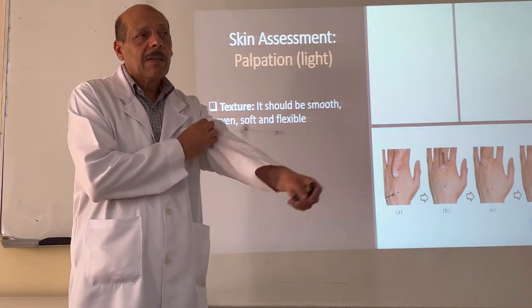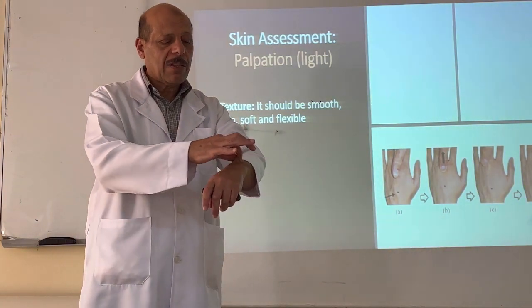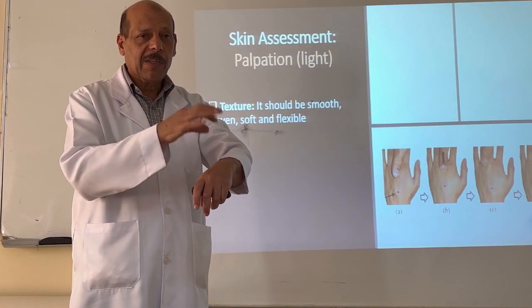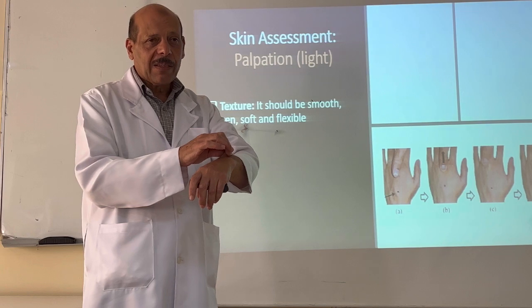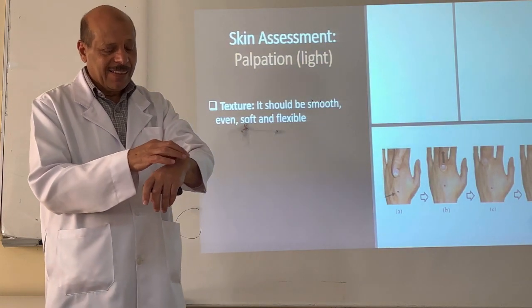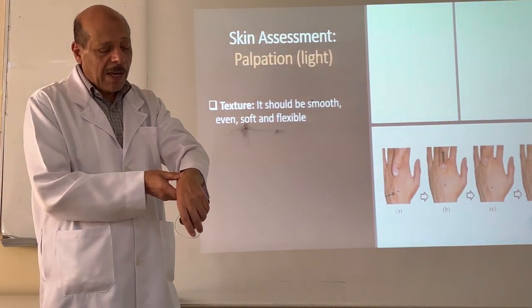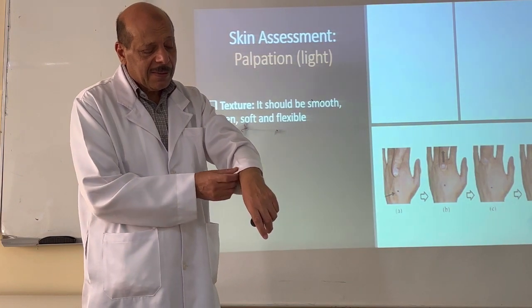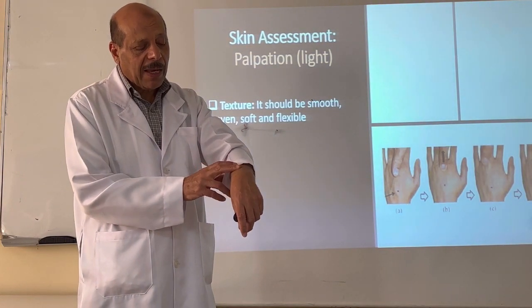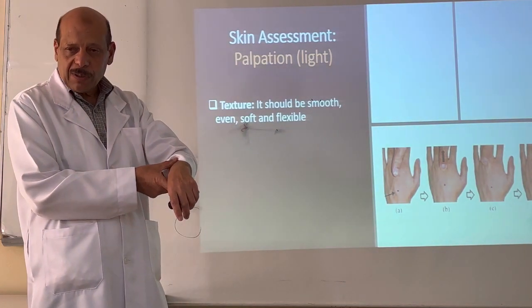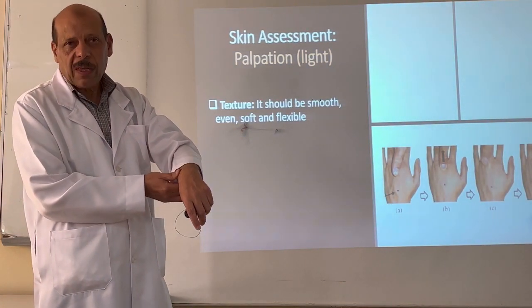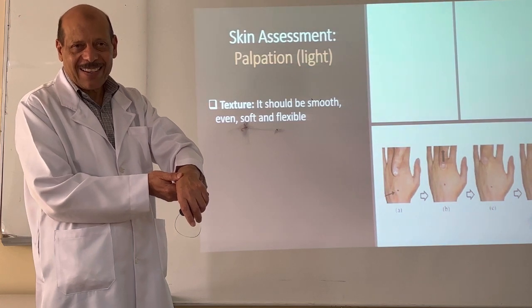When we catch the skin like this, it has to return back immediately, if it is normal skin. So when we are pressing also, it will return back, and also refilling, and the color also will return back within a short period, seconds.